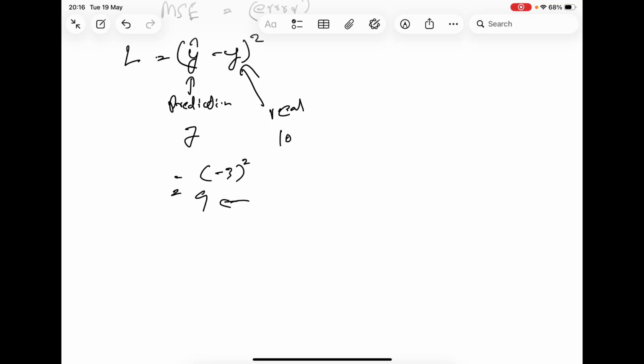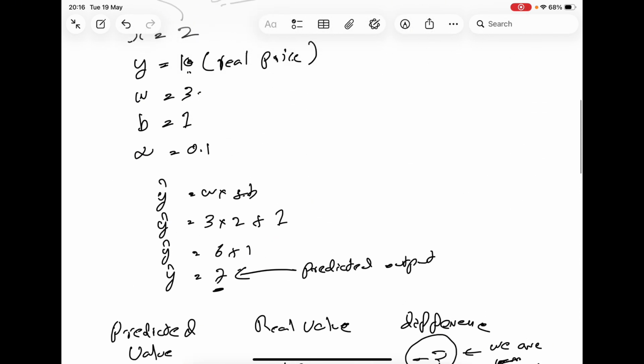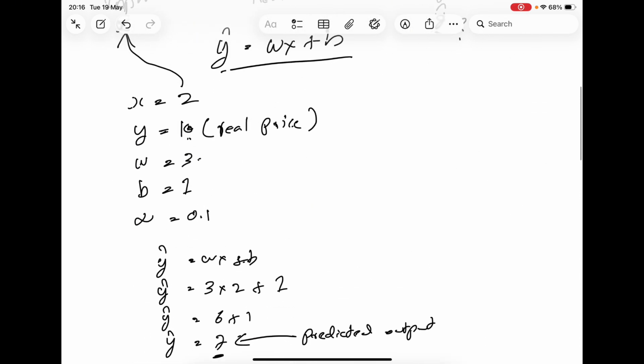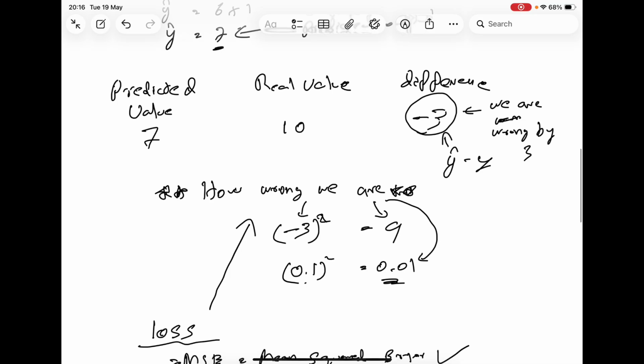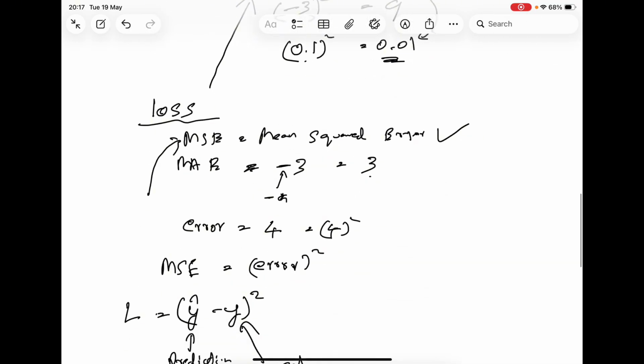Okay, now we were able to calculate the predicted value, and we have found the error. So the error is minus 3, which means we are wrong by minus 3. In order to find how wrong we are, we are using this mean squared error function.